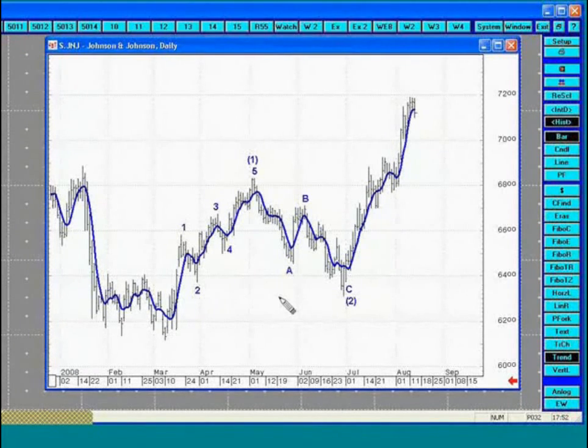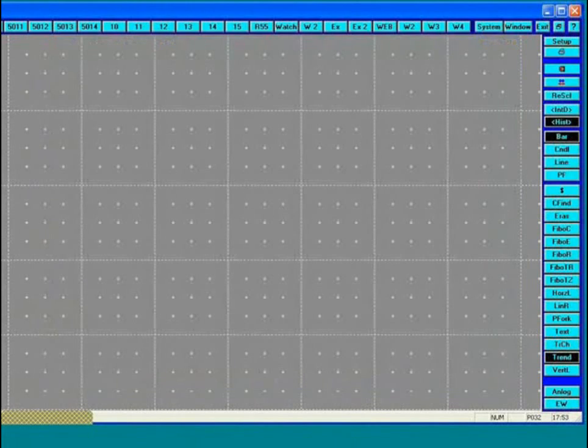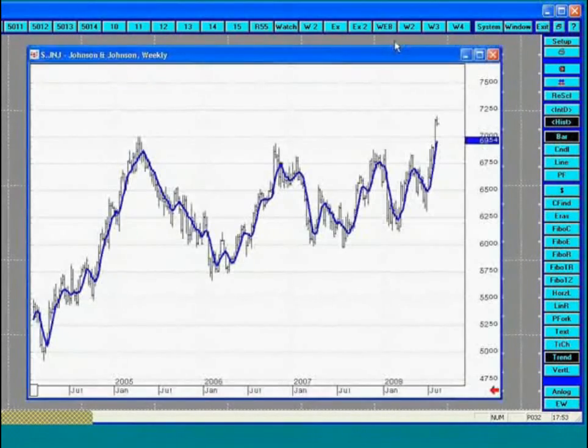So one of the things I did early on was come up with a shortcut to help me begin training my eye to look for wave patterns on an open, high, low, close price chart. Now here's the cool part that not many people are familiar with or know that you can actually do.